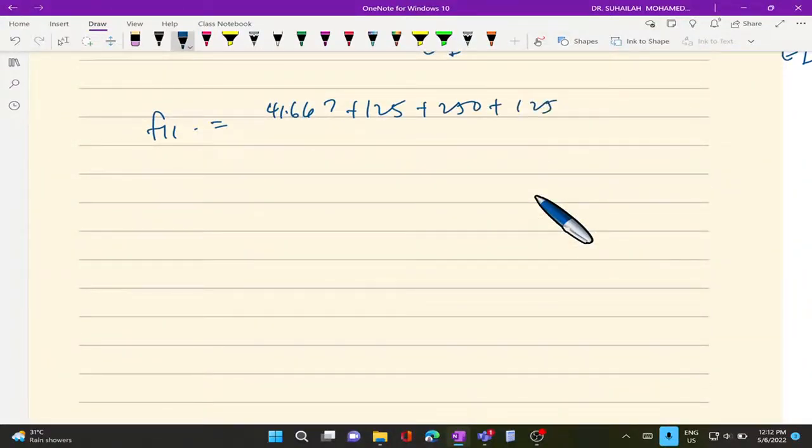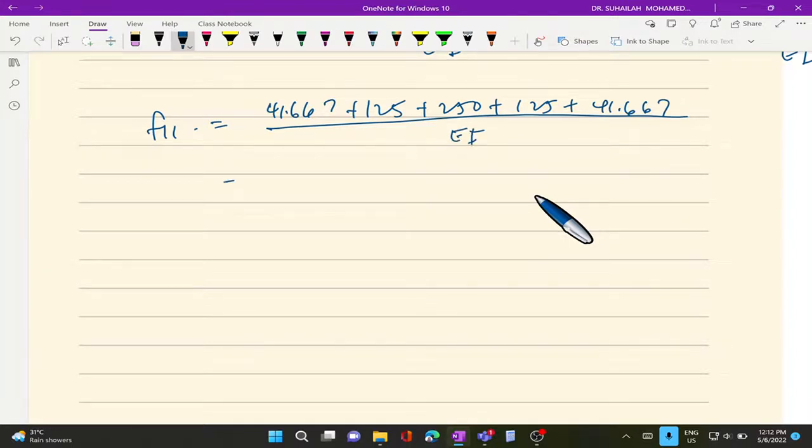So 41.667 plus 125 plus 250 plus 125 plus 41.667.